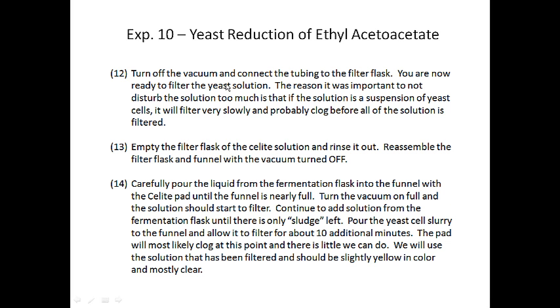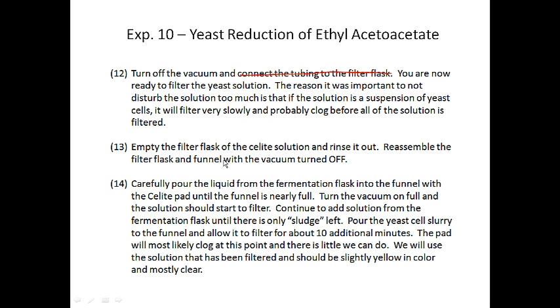Now, it says up here to turn off and connect. Don't connect the tubing to the filter flask yet. Empty the filter flask of the Celite solution that you just filtered. Rinse it out so it's nice and clean.